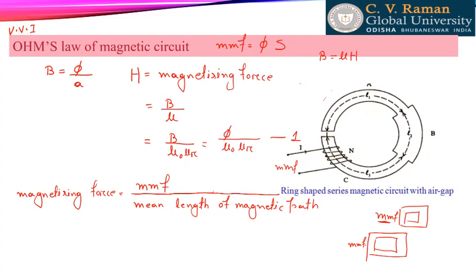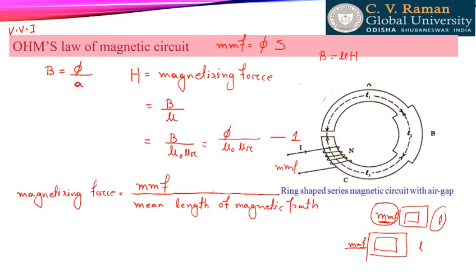It is quite natural, because the force is the same but the length is different. Here we will definitely get more force, as the MMF is distributed in a small path.